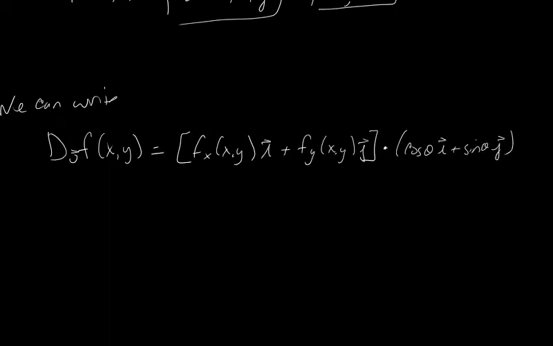In other words, that is going to be the gradient of f of x, y dotted with the vector u. So that's another form of the directional derivative.